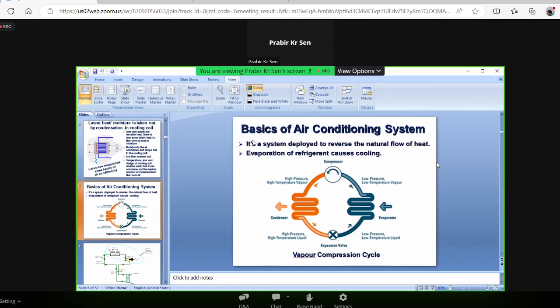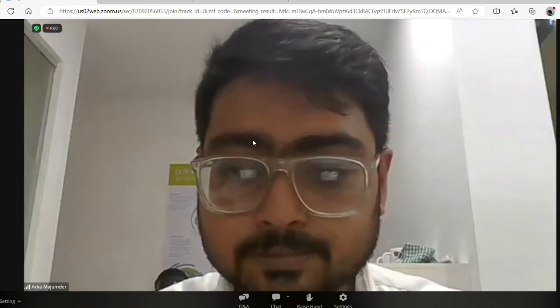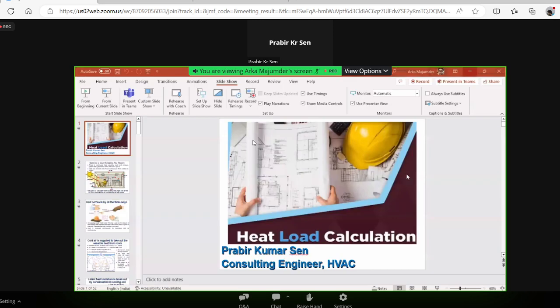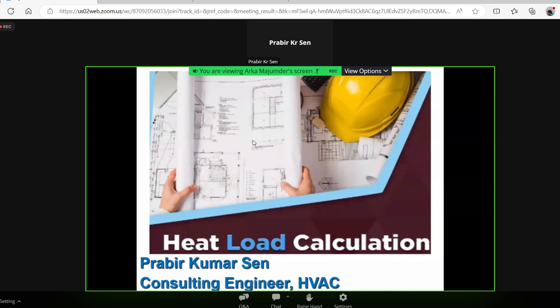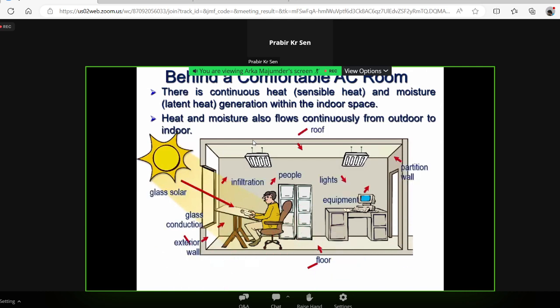You can stop sharing, I'll just move out. Come to slide 5. Everybody can see my screen? Yes, we can see your screen. Go to slideshow, it will be bigger. Yes, I can see it.